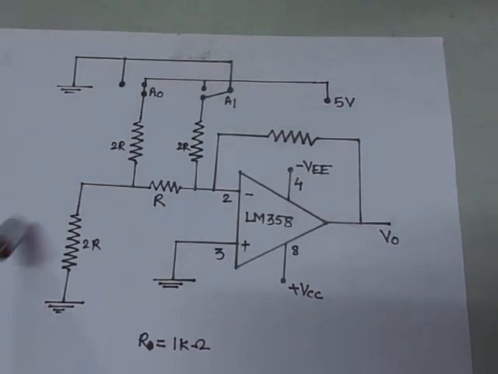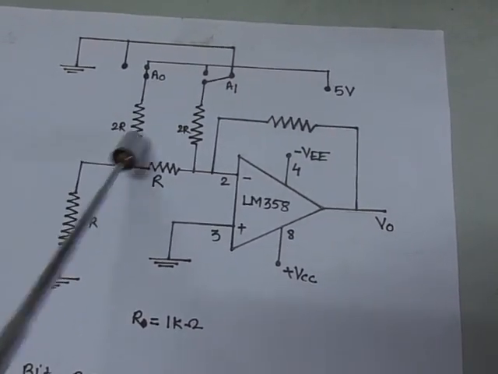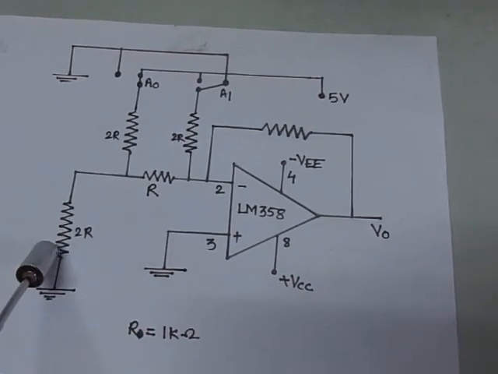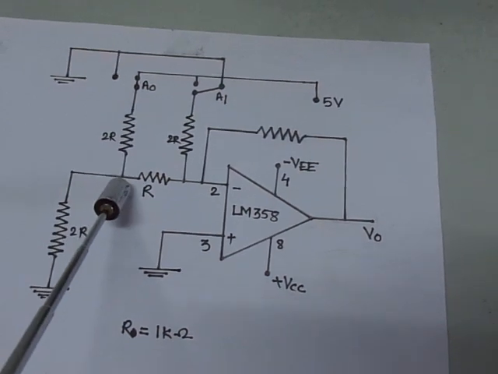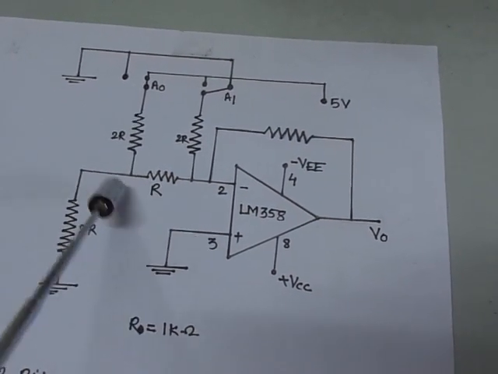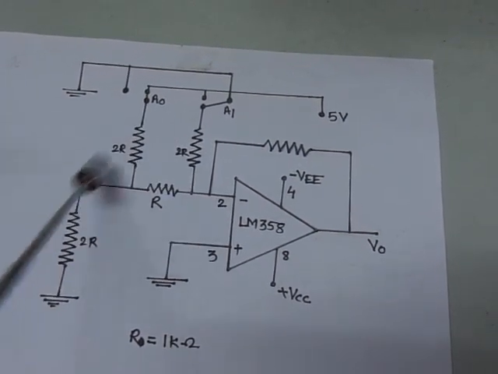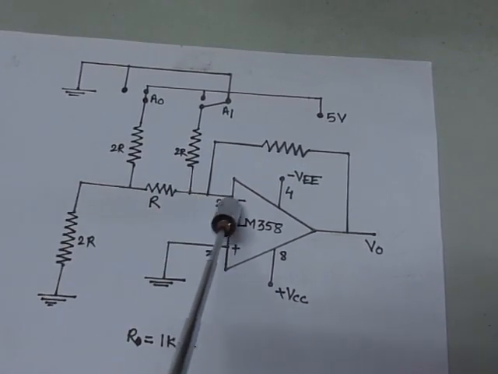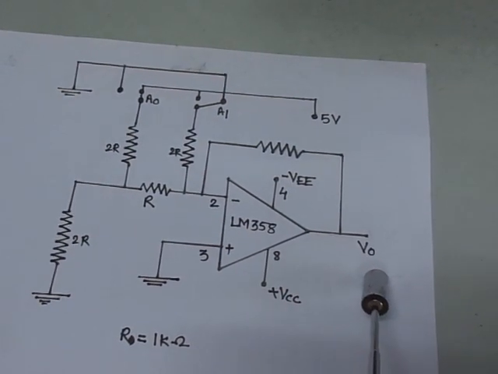So working is happening like this. Whenever this is connected to 5 volts, this is 2R, this is 2R, means these two resistors are in parallel, and that's why the 5 volt gets divided here to 2.5 volt, and correspondingly at successive stages, by application of a potential divider, the input voltage gets applied to the amplifier, and correspondingly it will generate the analog signal.